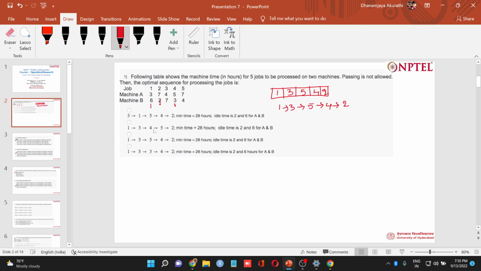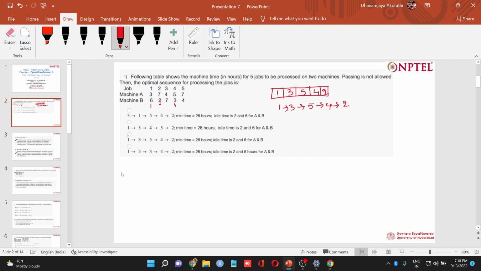Here from the options, 1, 3, 5, 4, 2. Next, our purpose is to find out the minimum total elapsed time and idle times.